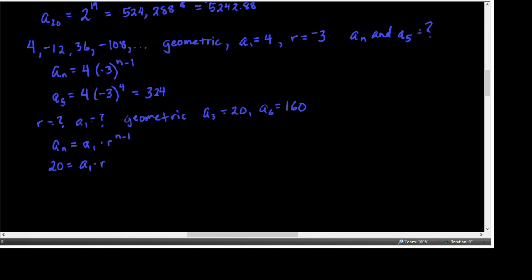So I'm going to substitute 3 in for n. 3 minus 1 is 2. We also know that the answer is 160 when a sub 1, which we still don't know, times r, which we still don't know, to the n minus 1, and for the answer to be 160, n is 6. 6 minus 1 makes that 5.